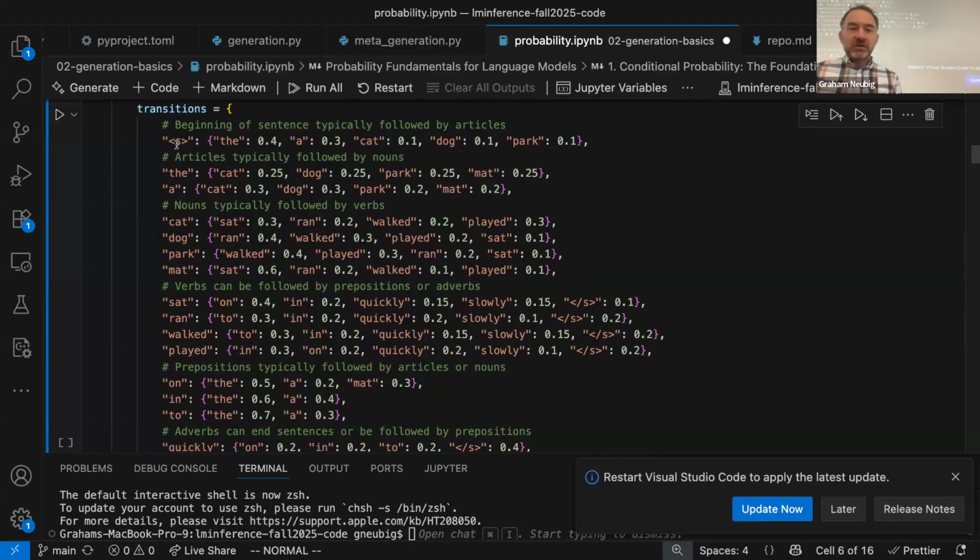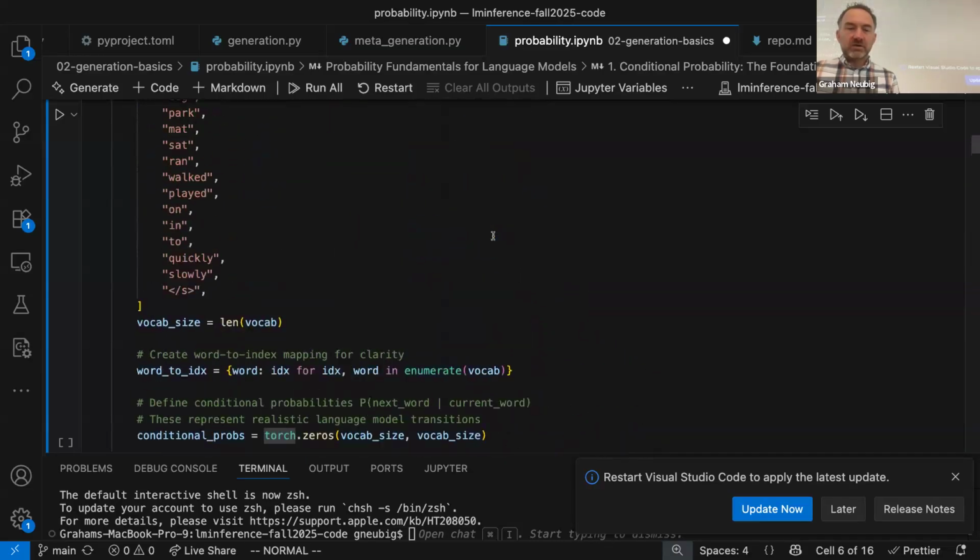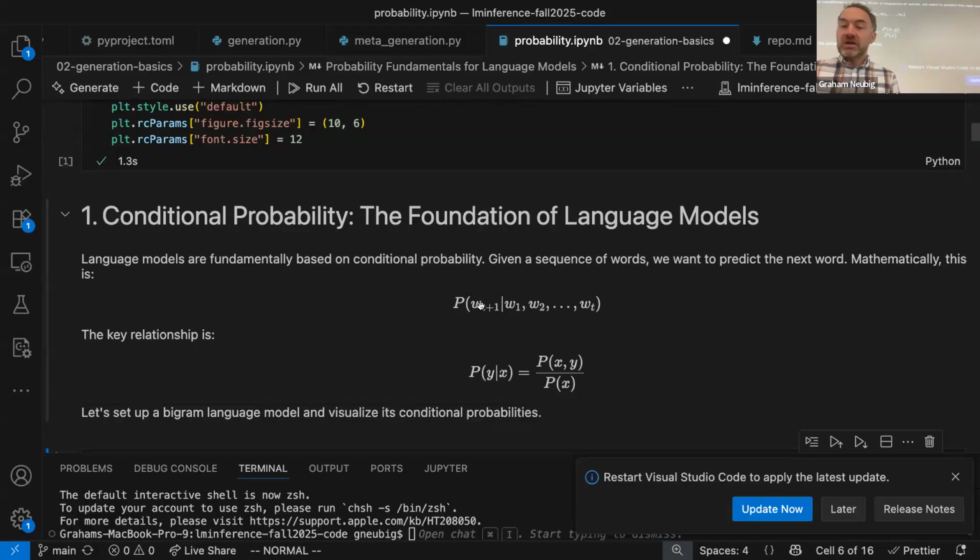So, given the beginning of the sentence, what is the next possible word? Like the, cat, dog, park. Given the, what is the next possible word? Cat, dog, park, et cetera. And so this definitely satisfies this equation here, but additionally, who mentioned the Markov assumption last time?